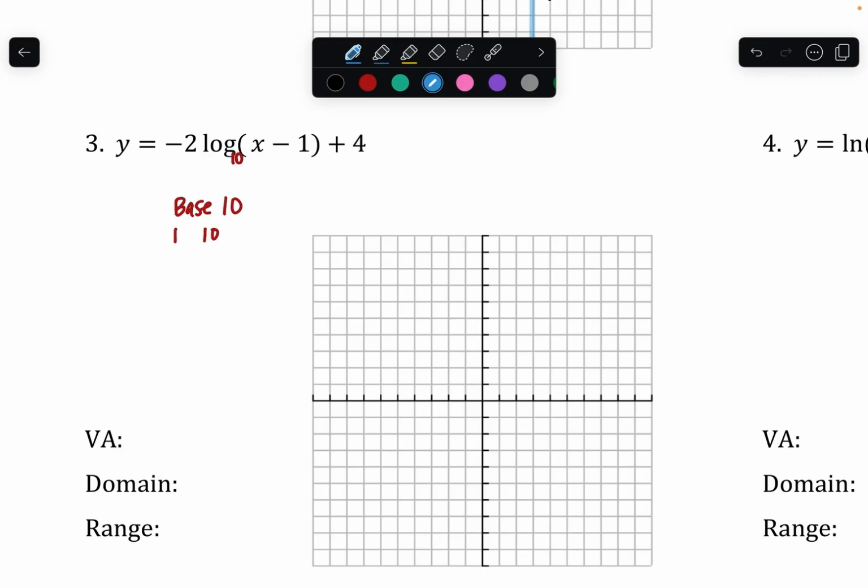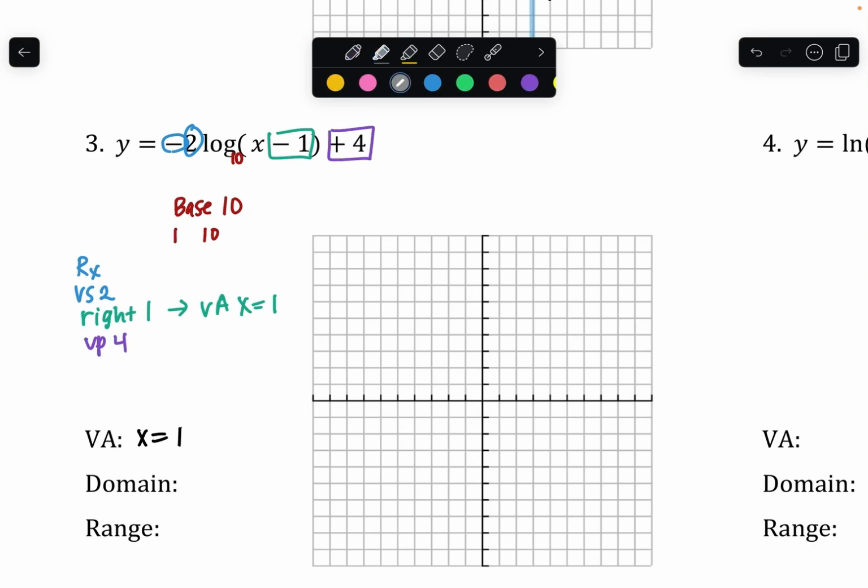Okay, for our transformations, we have a reflection across the x-axis, and we have a vertical stretch by 2. We have a right 1, which means our vertical asymptote is x equals 1. Starts at 0, right 1 puts us at x equals 1, and then my last transformation is up 4.